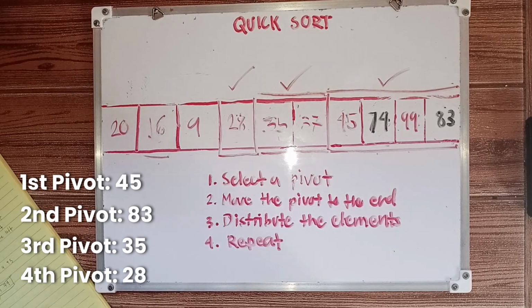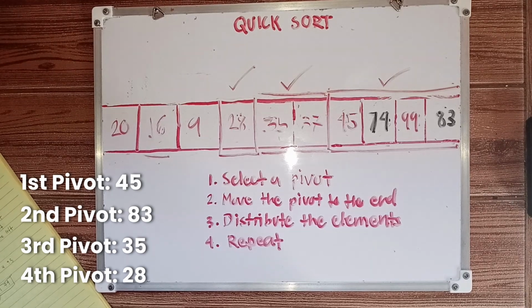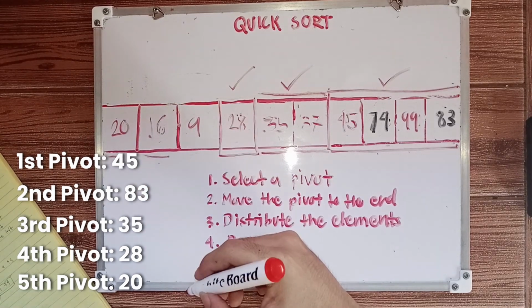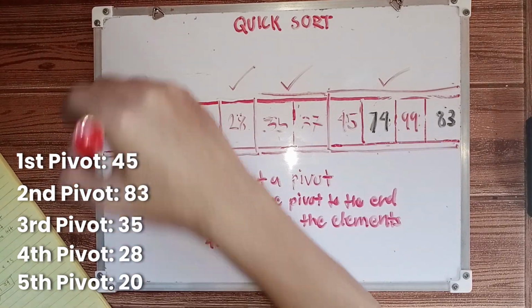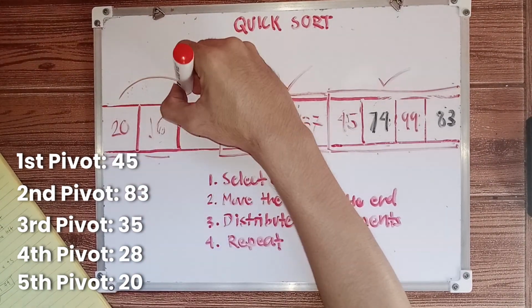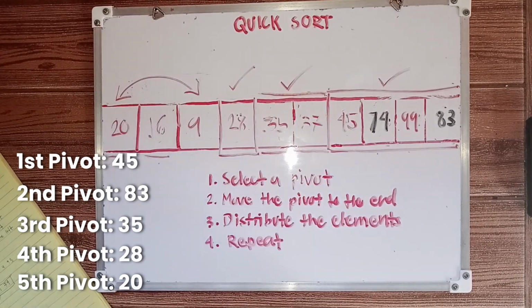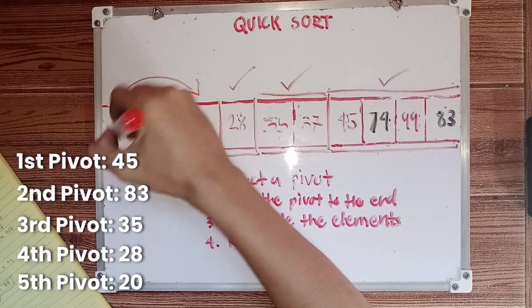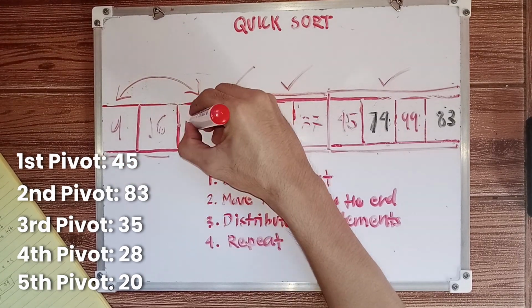Now we are going to select another pivot. Now we are going to select 20 as our new pivot. So we need to swap 20 with 9, making this 9 and making this 20.